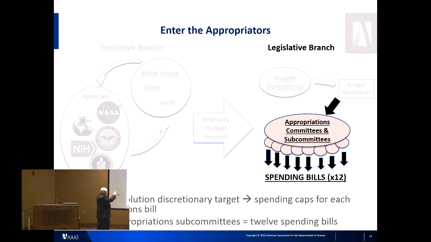That's this thing that looks like a jellyfish from hell. That's the appropriations committees. There are 12 subcommittees in the House and 12 in the Senate, and each subcommittee is responsible for writing a single spending bill. So when the chairs take that overall discretionary spending target and chop it into 12 pieces, those 12 pieces are the new caps on the size of each individual spending bill.